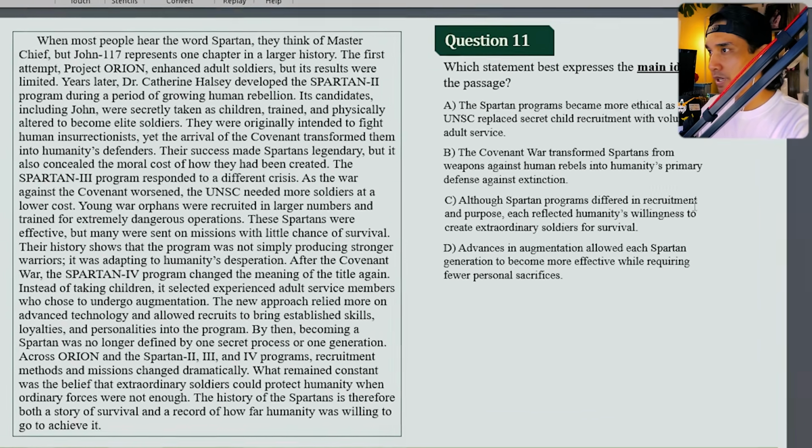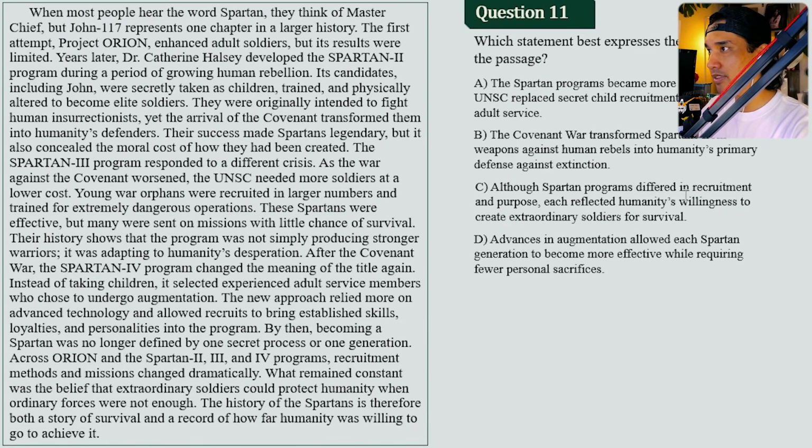When most people hear the word Spartan, they think of Master Chief. But John 1:17 represents one chapter in a larger history. The first attempt, Project Orion, enhanced adult soldiers, but its results were limited. Years later, Dr. Catherine Halsey developed the Spartan 2 program during a period of growing human rebellion.